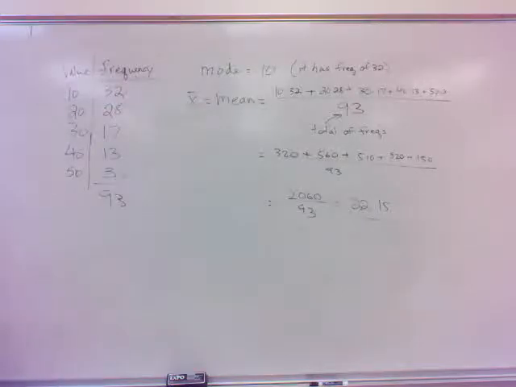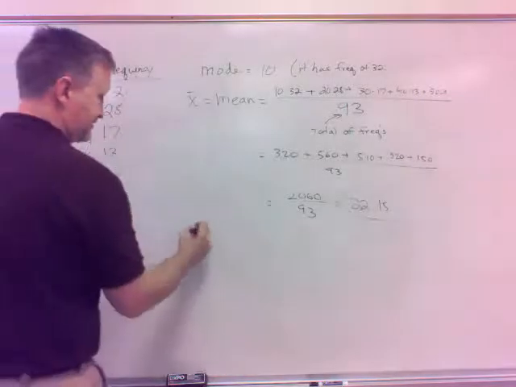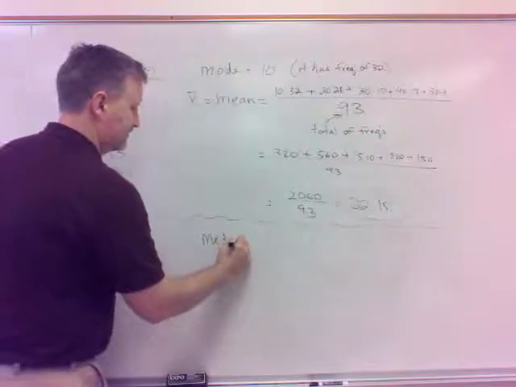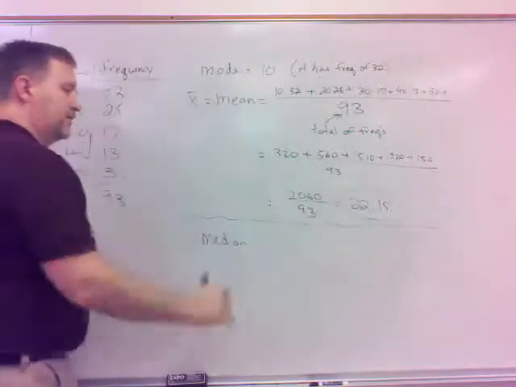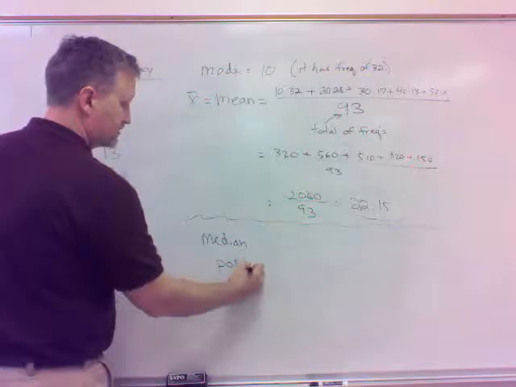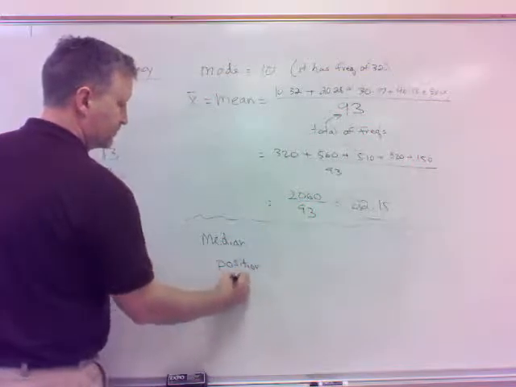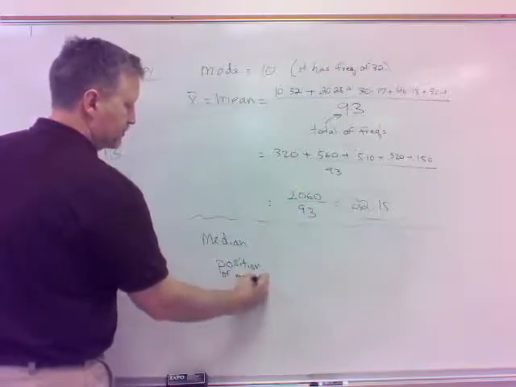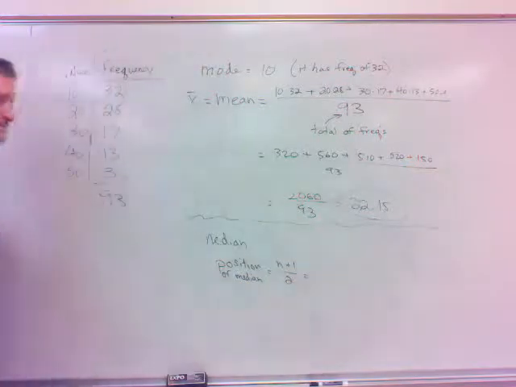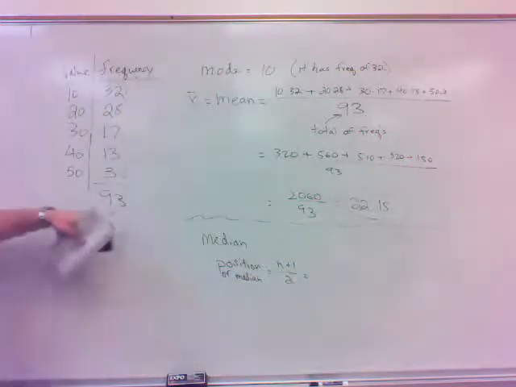Which leaves one final calculation, the median. Well, its position, got that formula, n plus 1 divided by 2, will be what in this case? Number of values is 93.